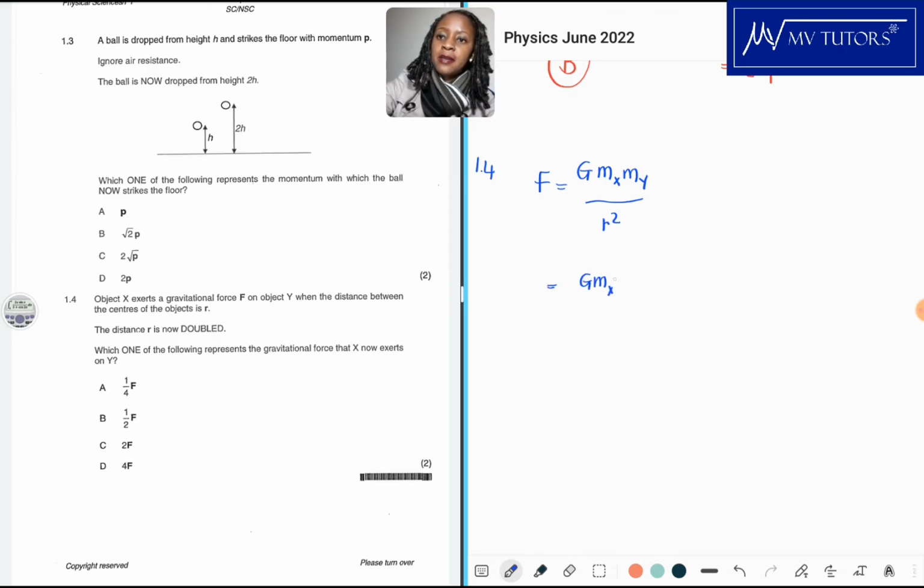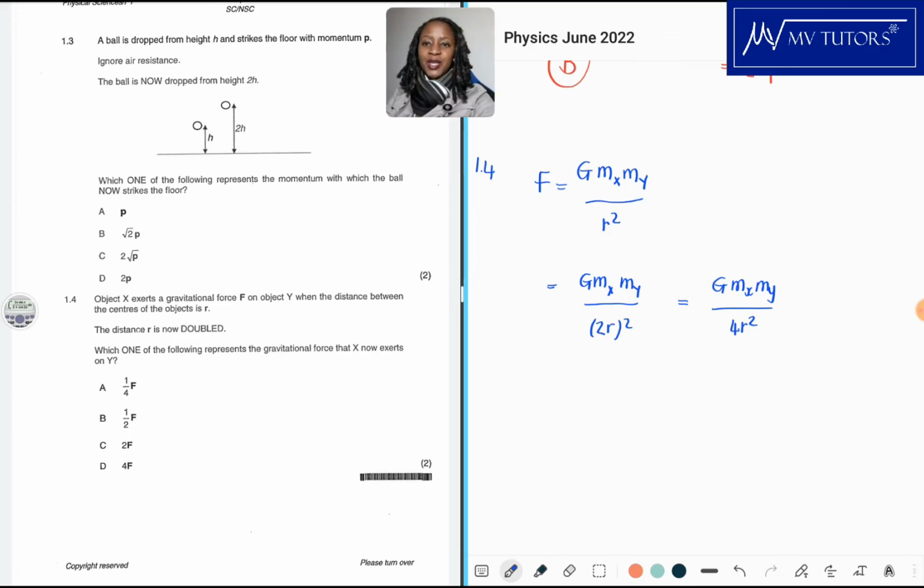The mass is the same. Okay, and then now we double the distance between their centers. All right, so it's 2r now. And if we take out the brackets, we're basically going to be left with G mx my all over 4r squared. Now I need to relate the original equation to the one that I currently have.